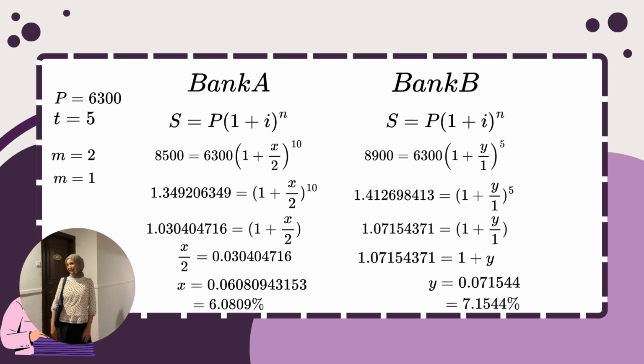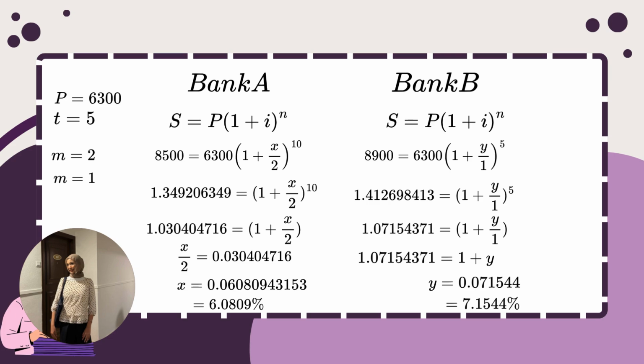Taking the 10th root, 1 plus x over 2 becomes 1.0304. So x over 2 is 0.0304, which means the interest rate for Bank A is 6.08%.